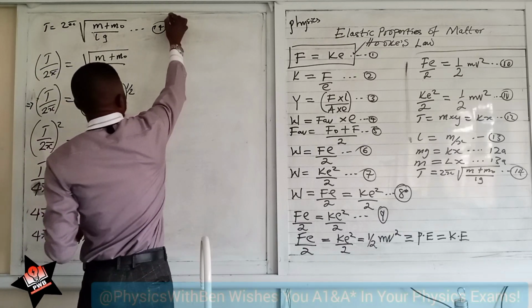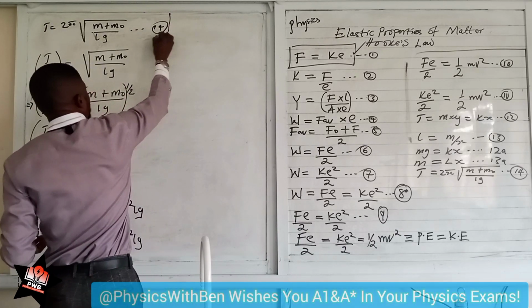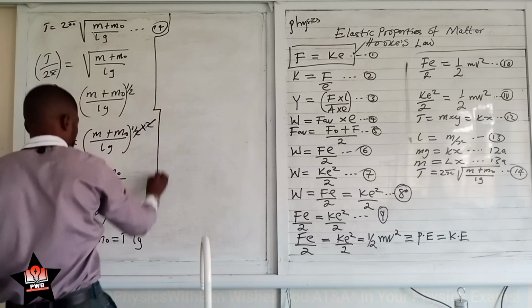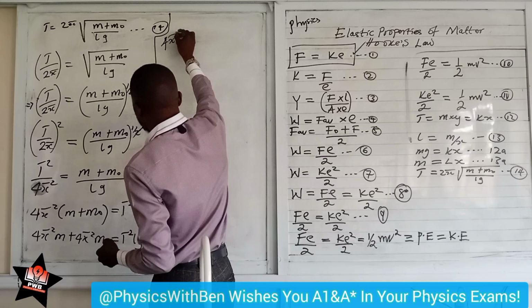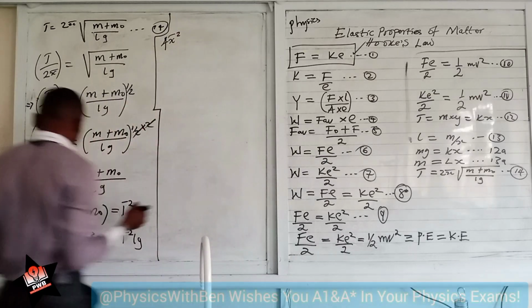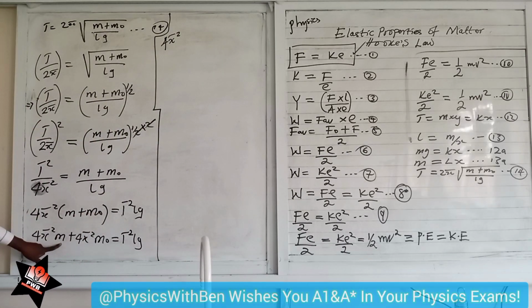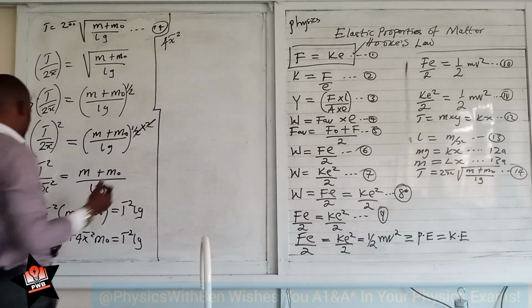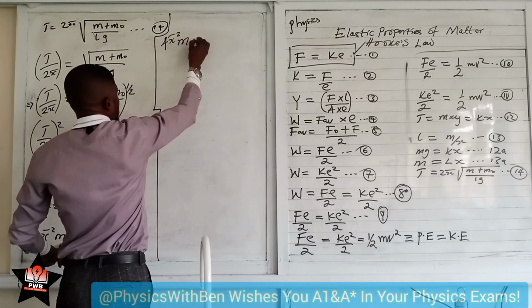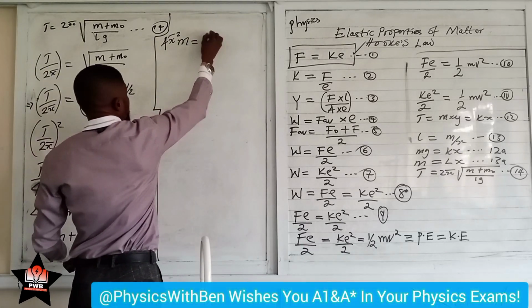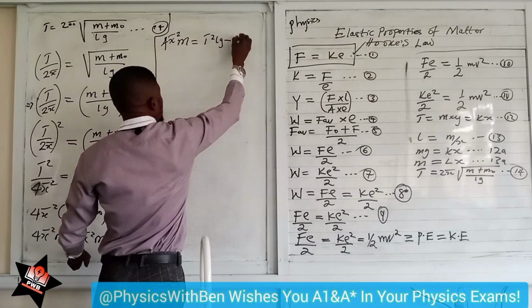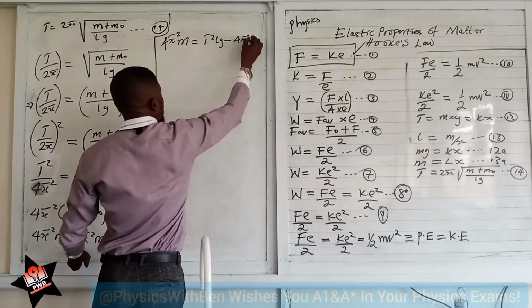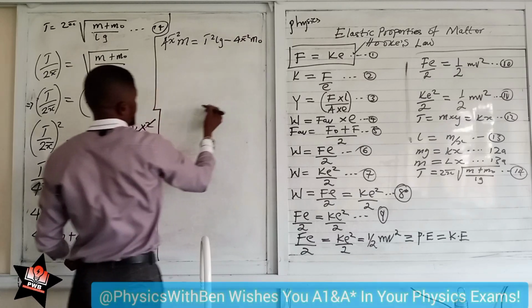So we have 4π squared. We're going to make m the subject of the formula. So we have 4π squared m is equal to T squared lg minus 4π squared m naught.